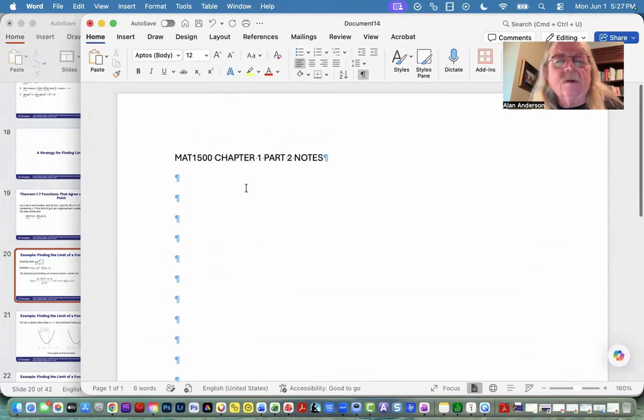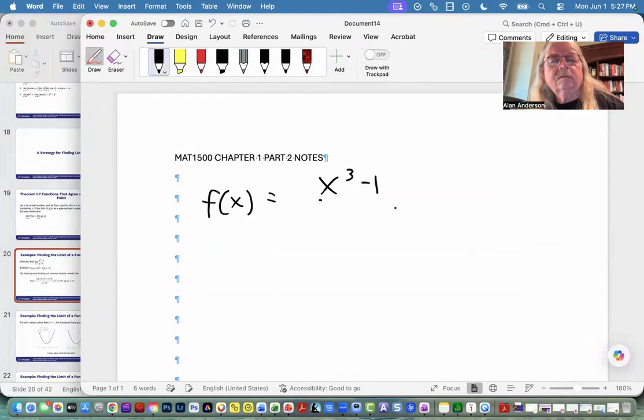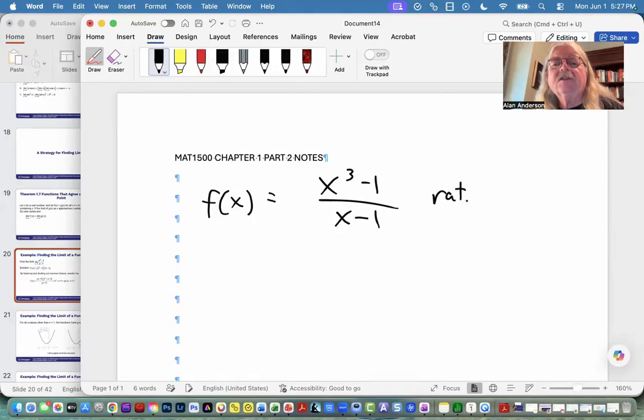Okay, so in other words, if we start out with f of x equals, often what happens when we have a rational function like this, and remember, a rational function simply means that we have a ratio of two polynomials, there's always a possibility that the denominator divides evenly into the numerator.